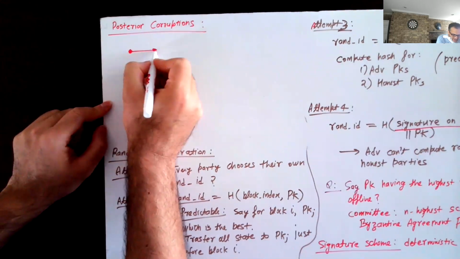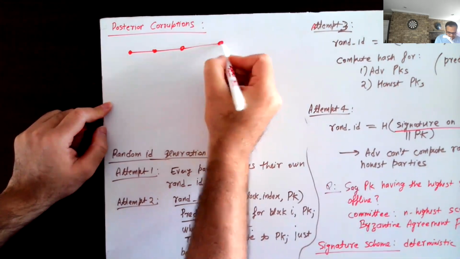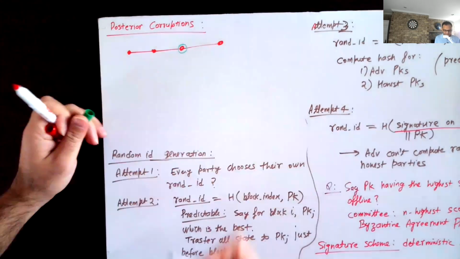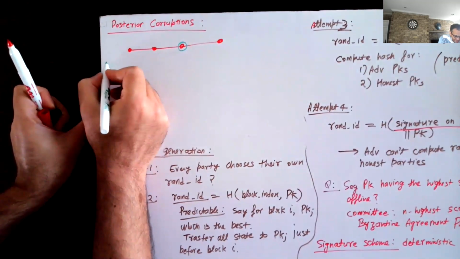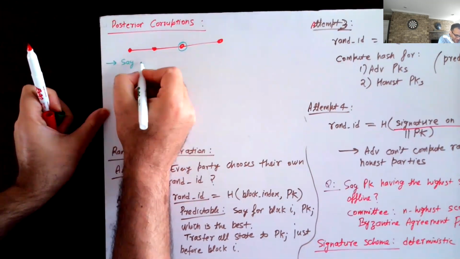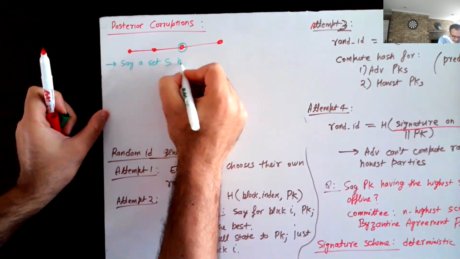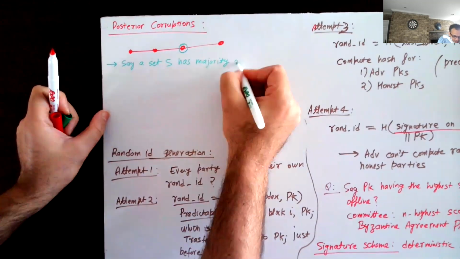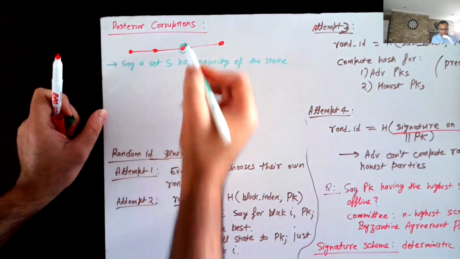Okay, so let's say this is our proof of stake based blockchain. Let's look at this block. Suppose there's a bunch of miners, let's call it a set S. So here set S has the majority of the stake at this point.